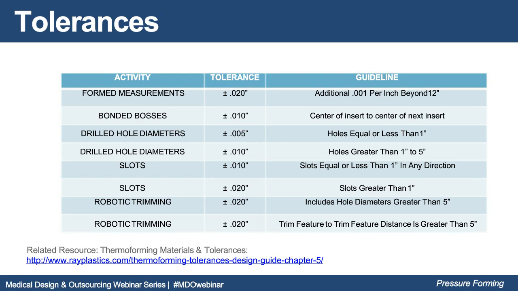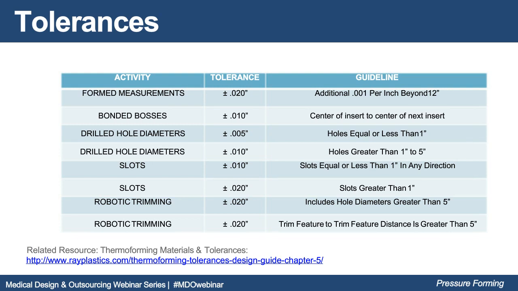Also gives us less setups for fixtures. Having a 6-axis robotic trim center is going to allow us to build one trim fixture and trim locations that you would typically have to build and change out a fixture location if you're running a traditional 3- or 4-axis trim center. So we can kind of walk through some of these tolerances.